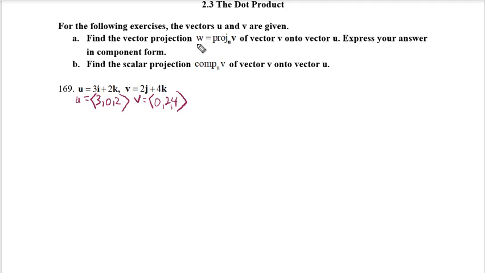We're first off in the A part finding the projection of V onto U. What that means is the projection of V onto U is going to be some component times U. U is the vector we're projecting onto.